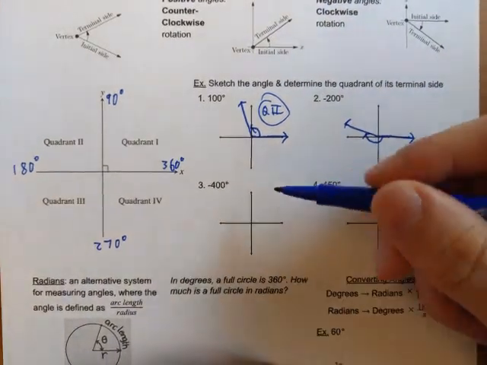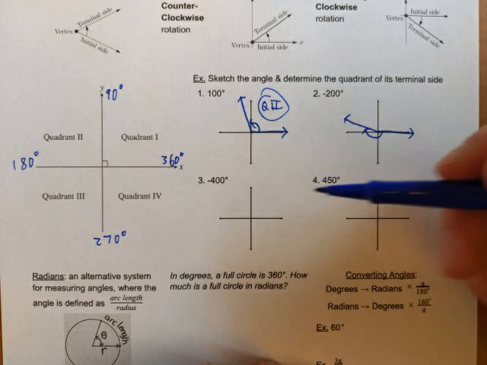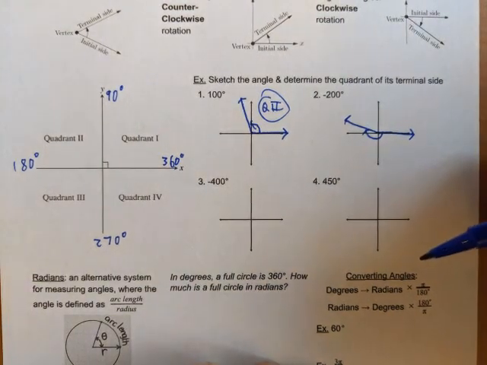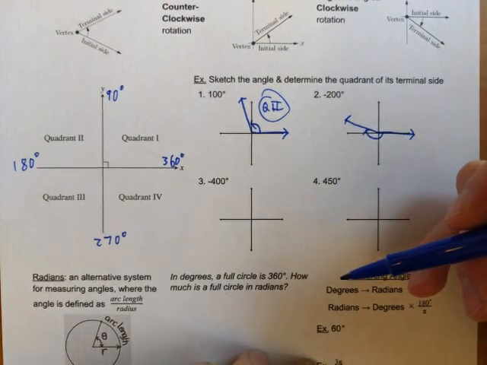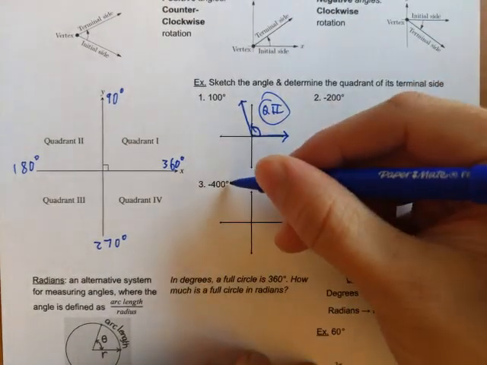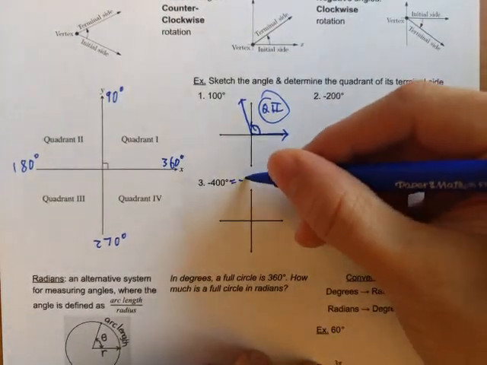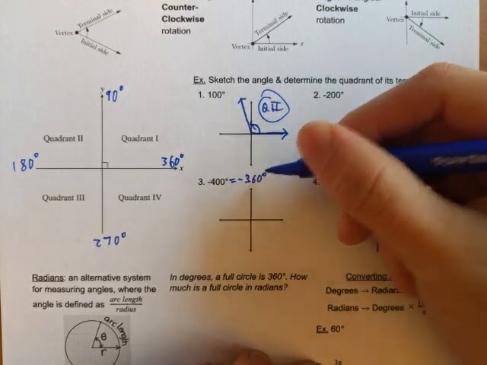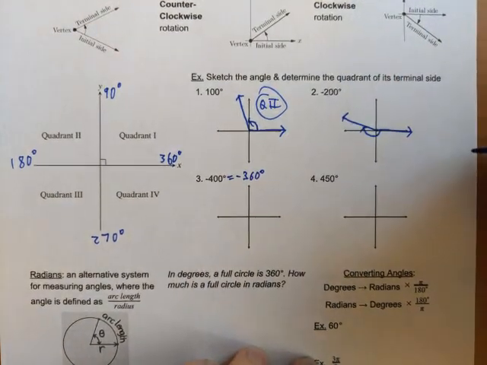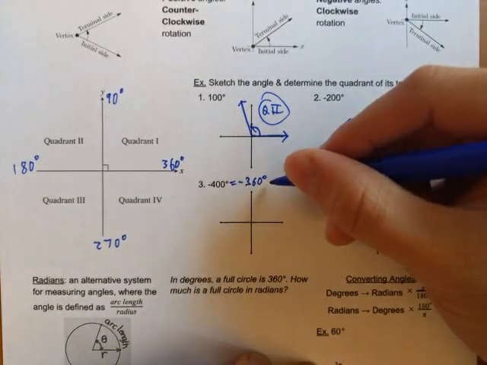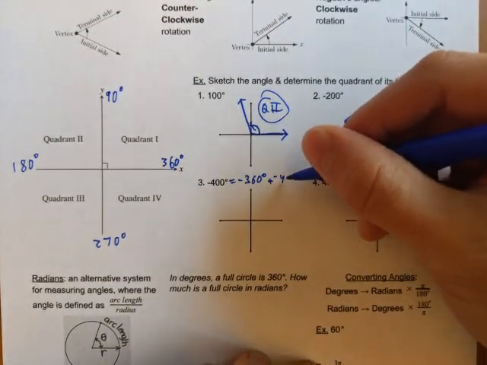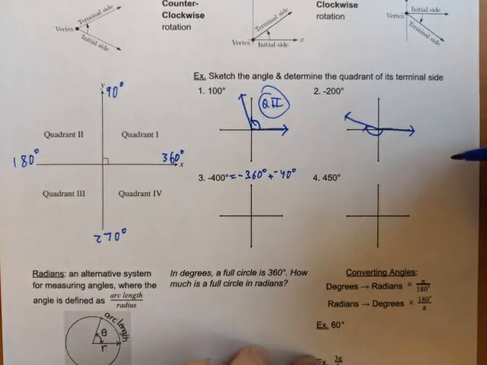Okay. So then if we have negative 400 degrees, well, you can pretty quickly tell we're going to rotate more than a full circle here. So anytime that you rotate more than a full circle, you want to see how much more. So after we do negative 360 degrees, after we do that full circle, we need to know how much extra to rotate, how much is left, which of course will be another negative 40 degrees.